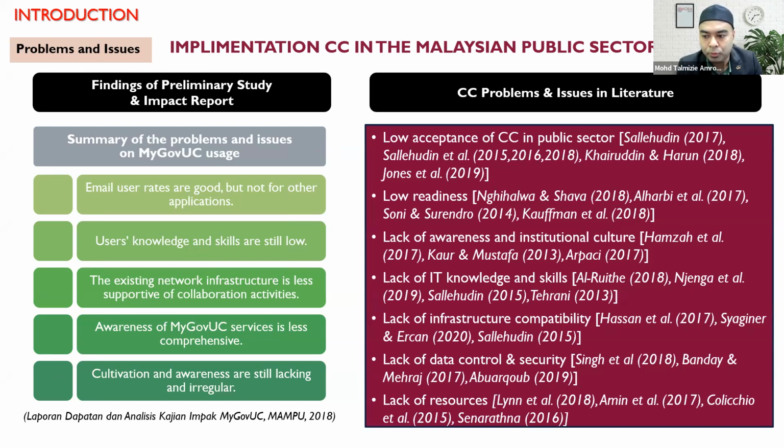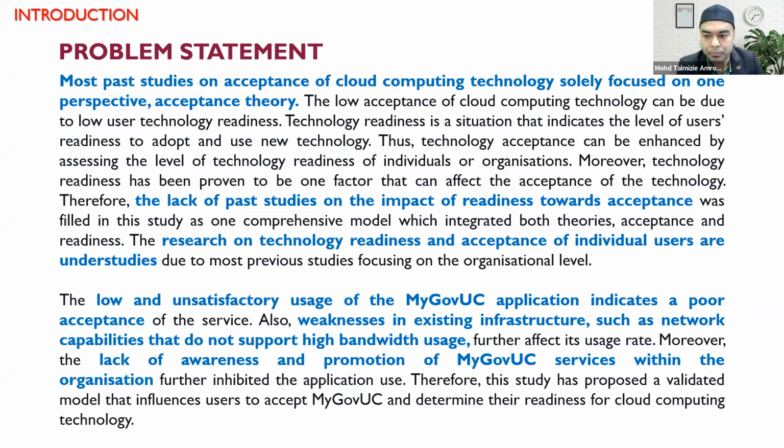Findings of the same problem were also found in past studies, such as low acceptance of cloud computing in the public sector, low readiness for cloud computing implementation, lack of awareness, lack of IT knowledge and skill, and lack of infrastructure compatibility. This is my problem statement. Many past studies on acceptance of cloud computing technology solely focus on one perspective, which is acceptance theory. The low acceptance of cloud computing technology can be due to low user technology readiness.